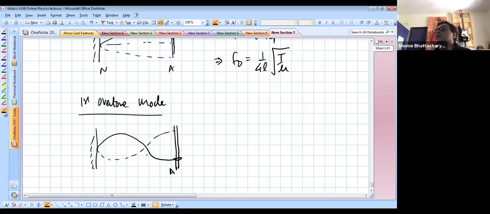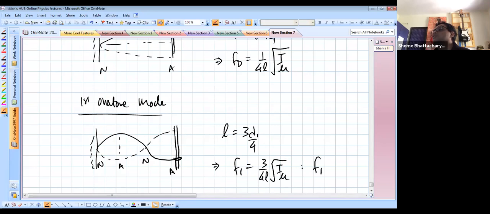Antinode, node, antinode. So the length becomes lambda 1 by 2 plus lambda 1 by 4, that is, 3 lambda 1 by 4. So the frequency of the first overtone becomes 3 by 4L square root T by mu.